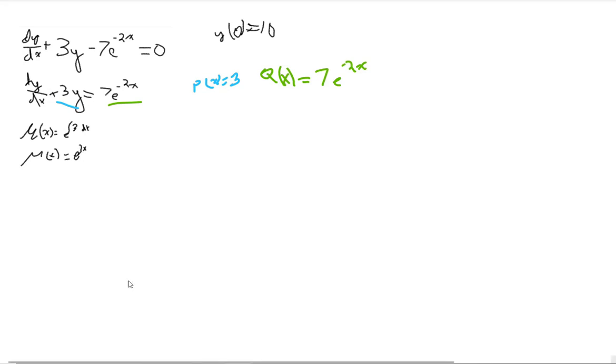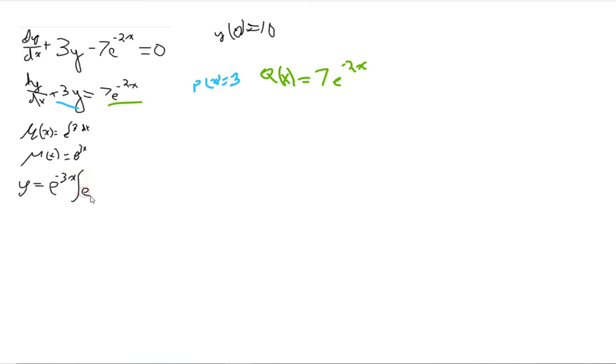Now we have a mu and a q. That means we can solve our main formula here. y equals 1 over mu, but instead of writing 1 over e to the 3x, I'm just going to write e to the negative 3x. Same thing.